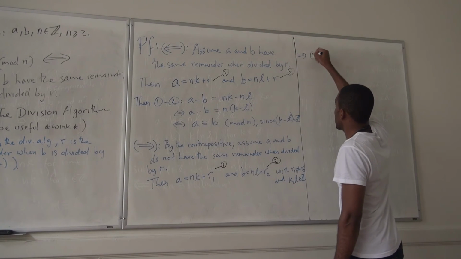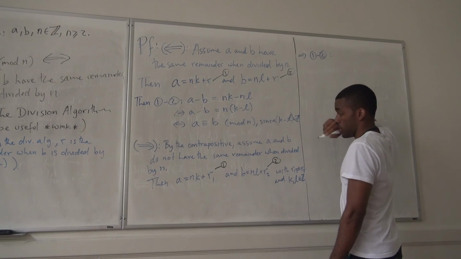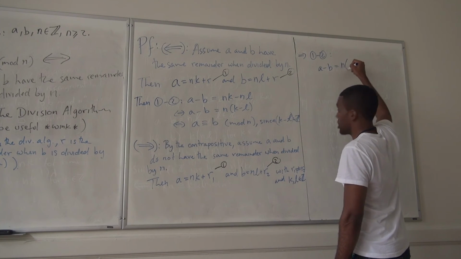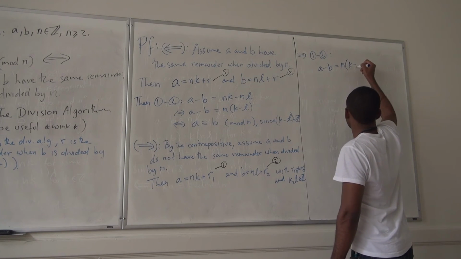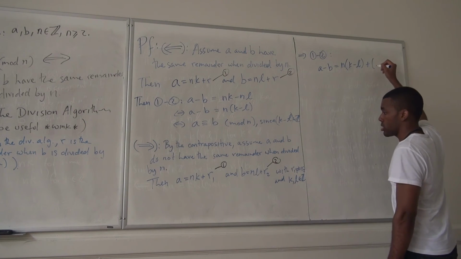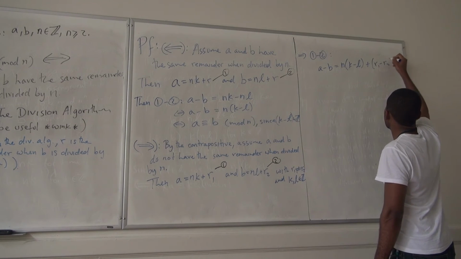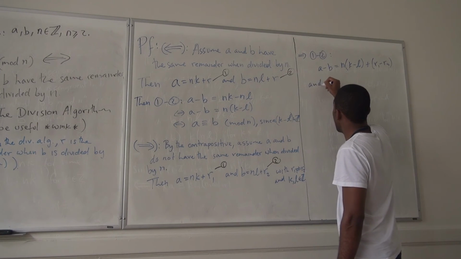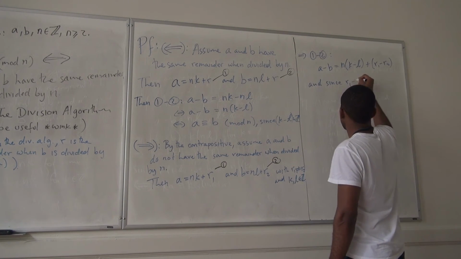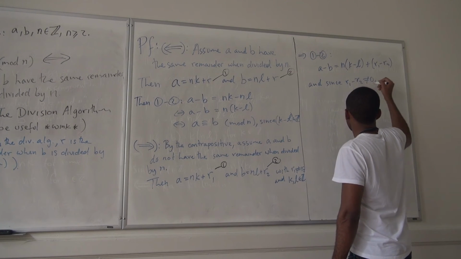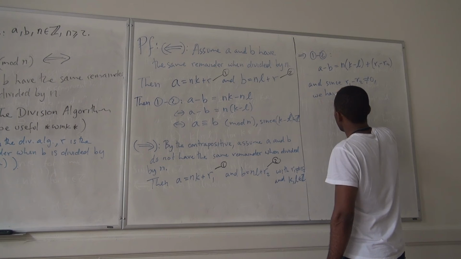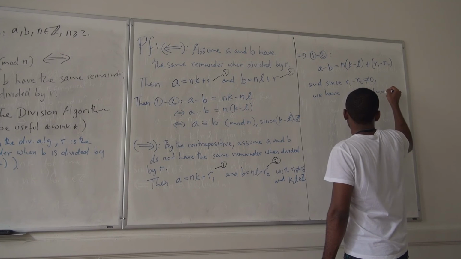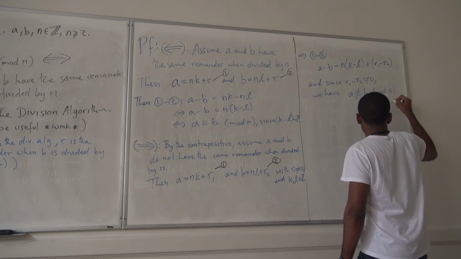And so then we say 1 minus 2 gives us A minus B is equal to n times (k minus l) plus (r1 minus r2), and since r1 minus r2 is non-zero, we have A is not equivalent to B mod n. Wasn't that bad?